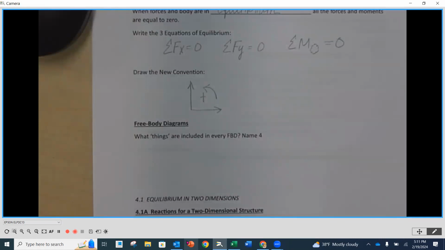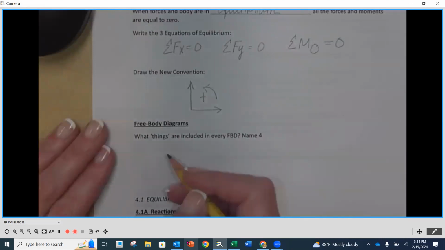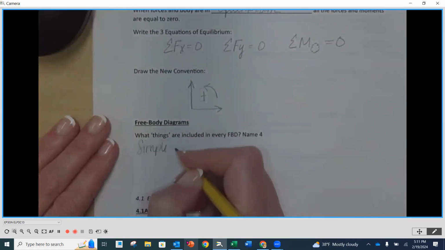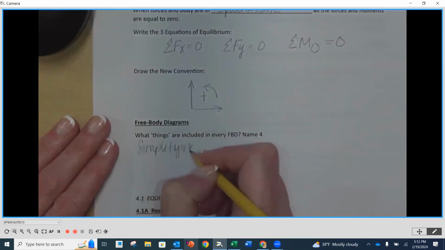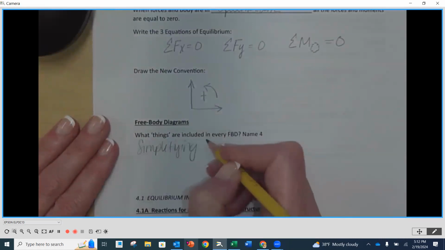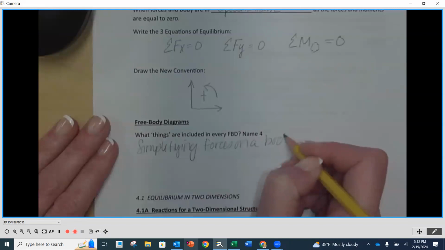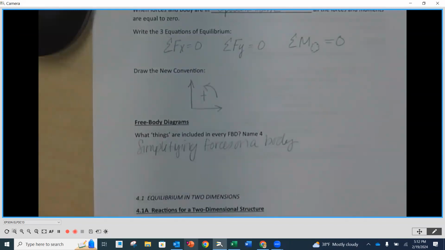Anyone? Go ahead. I'd say simplifying the forces on something. Yeah, simplifying like forces on a body. And that makes sense because we kind of strip down and we simplify what the drawing looks like, right?